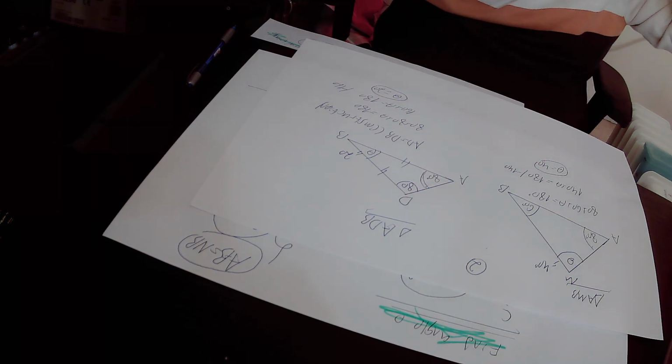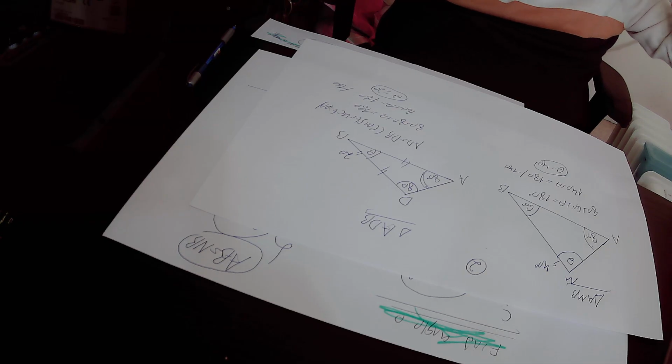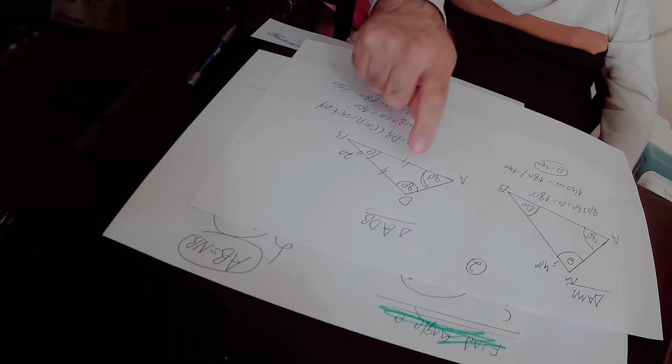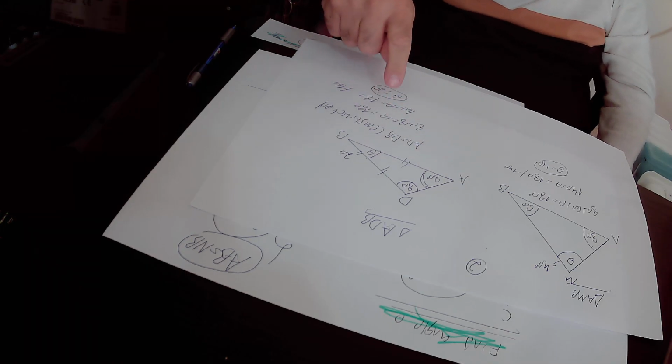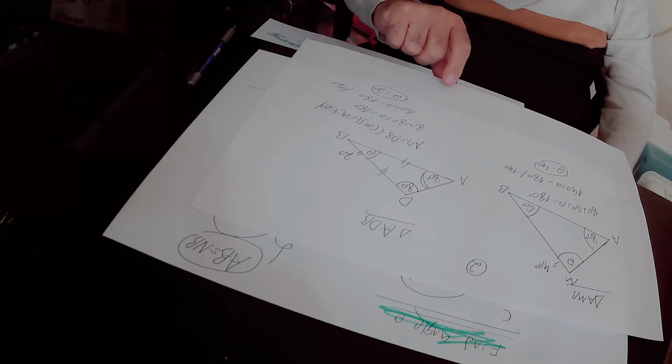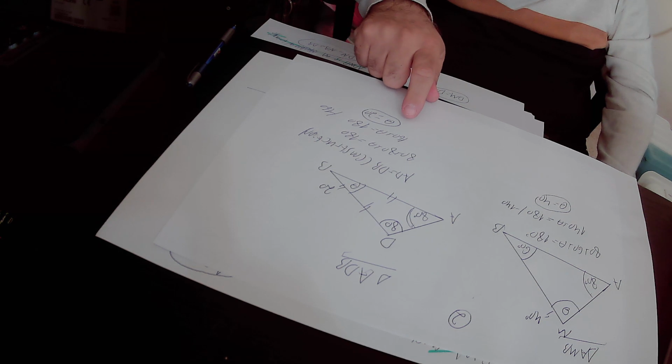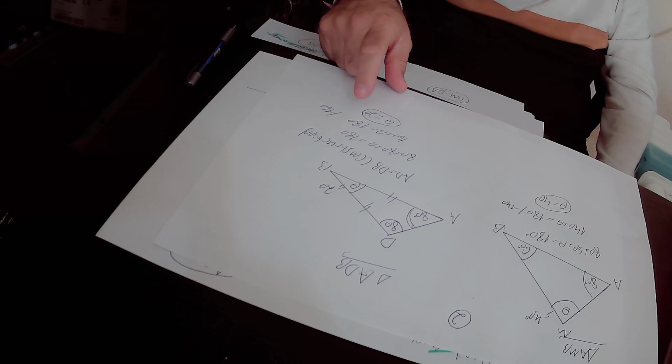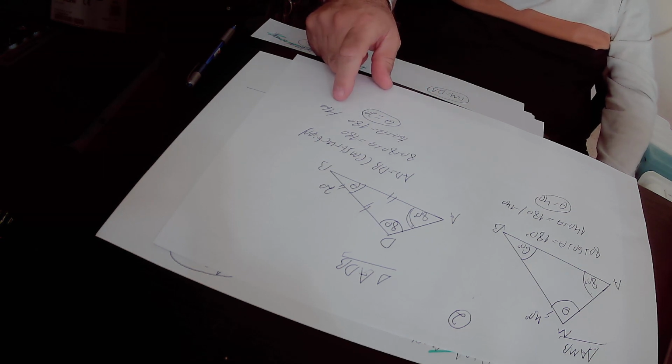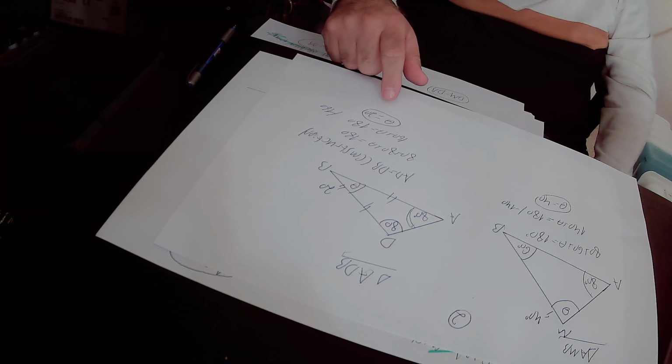We continue to focus on triangle ADB. In triangle ADB, the sum of the angles must equal 180 degrees. That is to say, 80 degrees plus 80 degrees plus the missing angle theta must equal 180 degrees. 80 plus 80 is 160, so 160 plus theta must equal 180 degrees. We subtract the 160 degrees from this equation, and finally find that angle theta equals 180 degrees minus 160 degrees, which is 20 degrees.